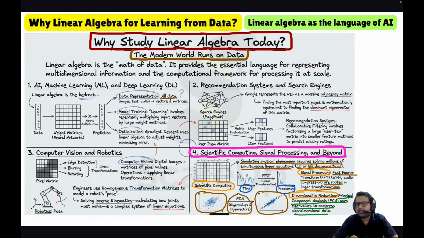In signal processing, we convert the time domain to the frequency domain using the fast Fourier transform, which uses linear transformations, a part of linear algebra. And in dimensionality reduction, we make use of principal component analysis, which uses eigenvalues and eigenvectors to compress high dimensional data into important features. Eigenvalues and eigenvectors are a concept of linear algebra.